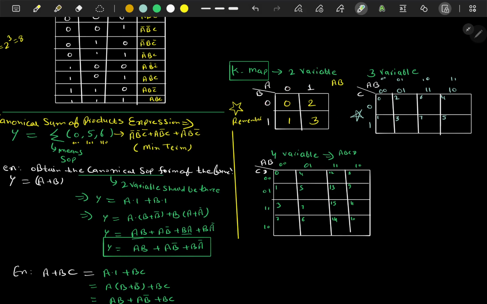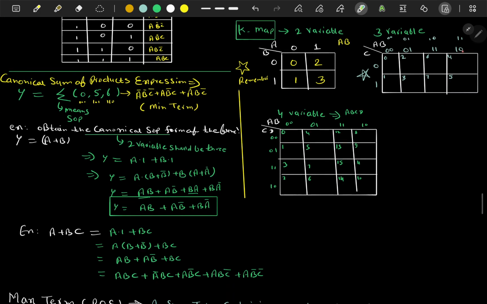Now for 3 variables A, B and C, the combinations are 0 0, 0 1, 1 0 and 1 1, but for a K-map you have to interchange the last two, so it will be 0 0, 0 1, 1 1 and 1 0, with C as 0 and 1. So 0 0 0 is 0, 0 1 0 is 2, 1 1 0 is 6, 1 0 0 is 4, and 0 0 1 is 1, 0 1 1 is 3, 1 1 1 is 7, 1 0 1 is 5.